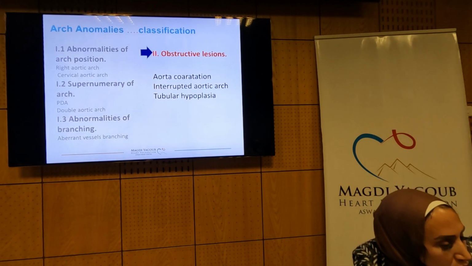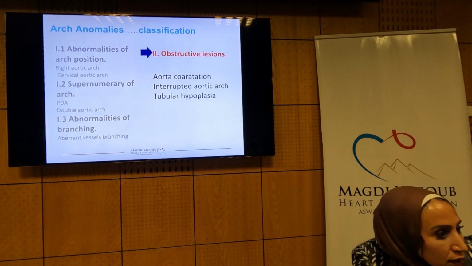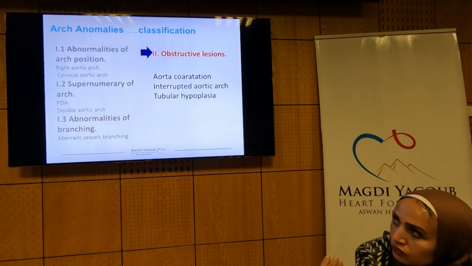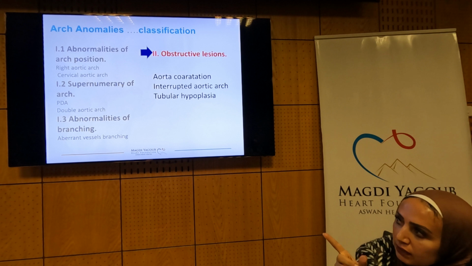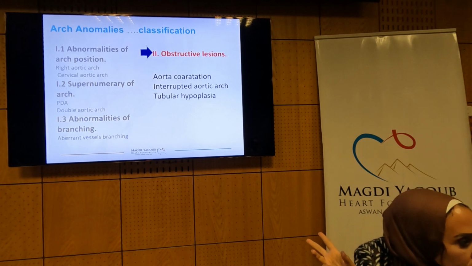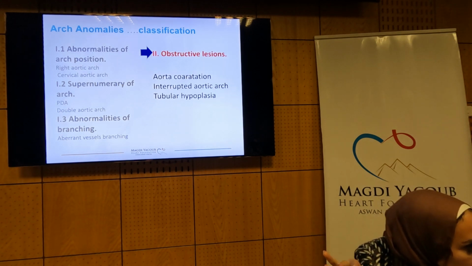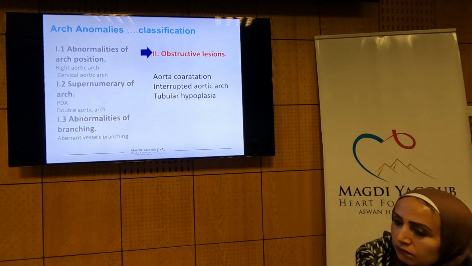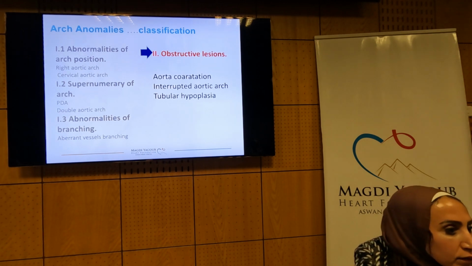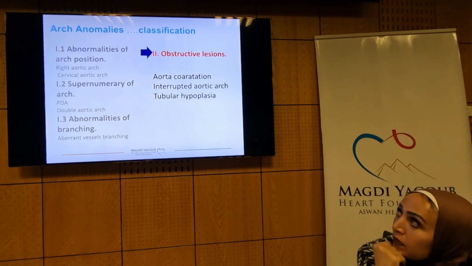According to the anatomical abnormalities, we might have abnormal position, we might have supernumerosity, where the double aortic arch represents the first vascular ring, and in the abnormal branching pattern, we have two vascular rings inside that in the aberrant subclavians, besides some normal variants in the branching pattern.